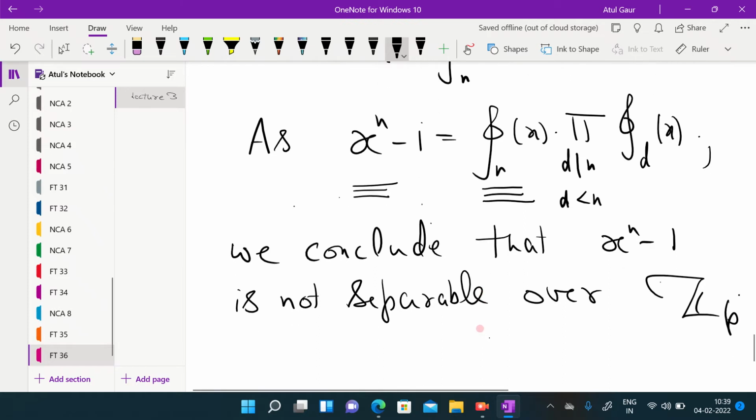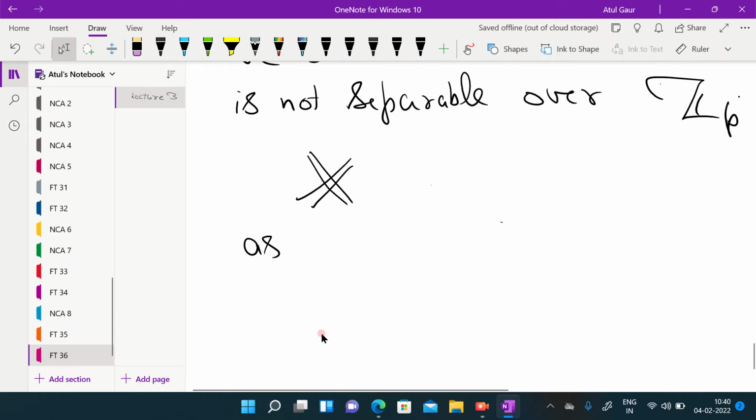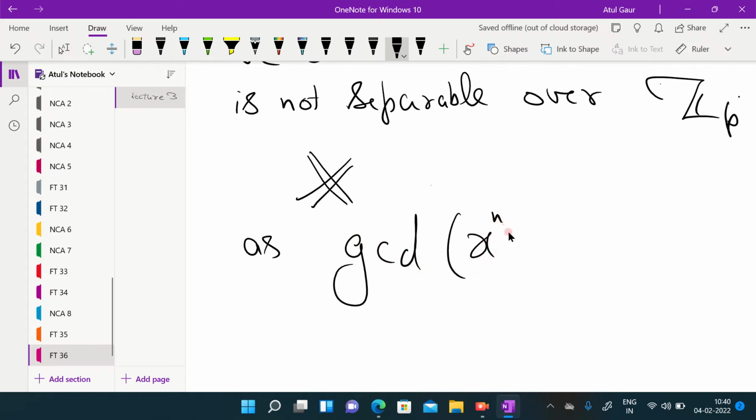Okay? This is something wrong because x^n minus 1 is immediately seen to be separable. Why? Because you know how to check separability: the GCD of the polynomial x^n minus 1 and its derivative. What is the derivative?